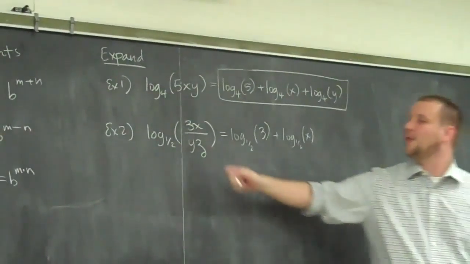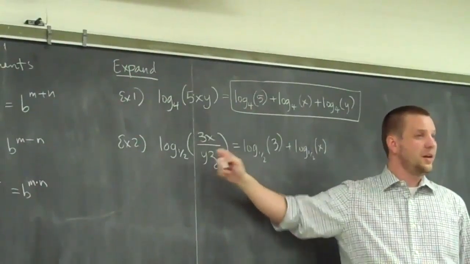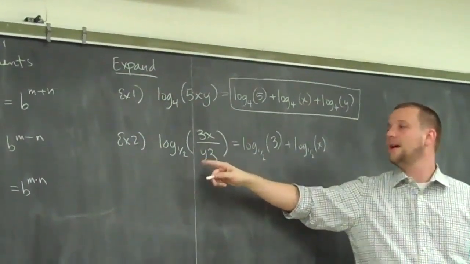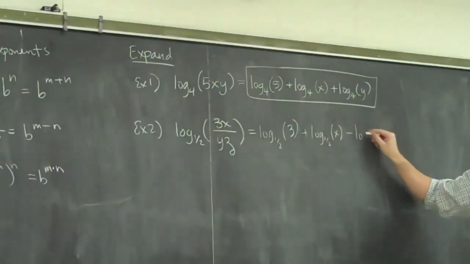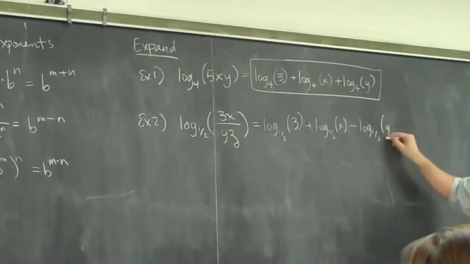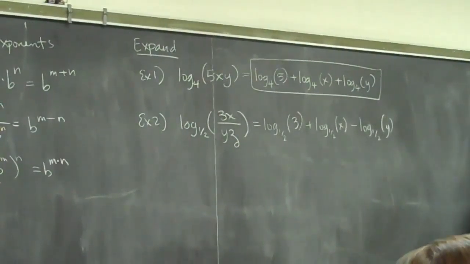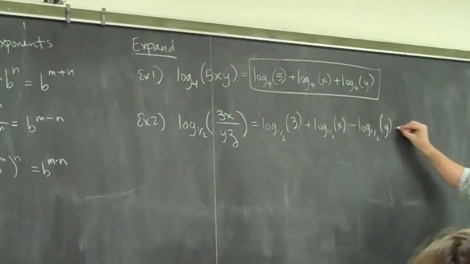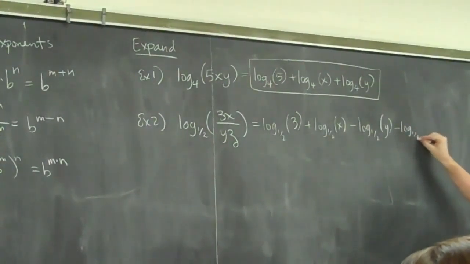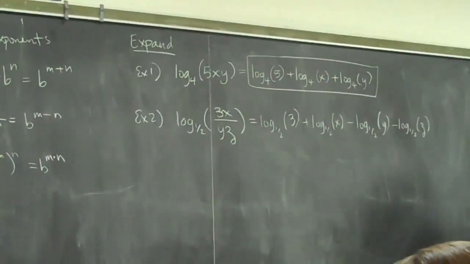Okay, so what about the y and the z? They're in the denominator. So as I give the y his own log, it's going to be a minus log 1/2 of y. And likewise, the z is in the denominator, so it's going to be minus another log 1/2 of z.